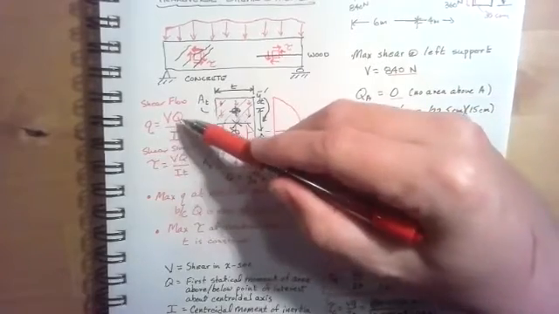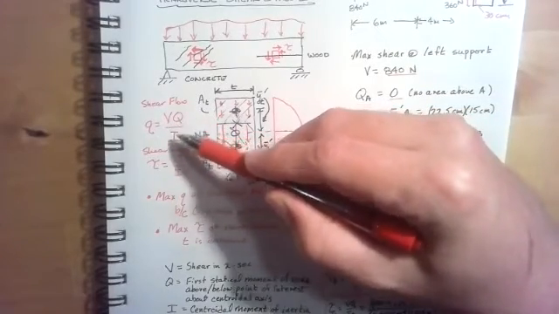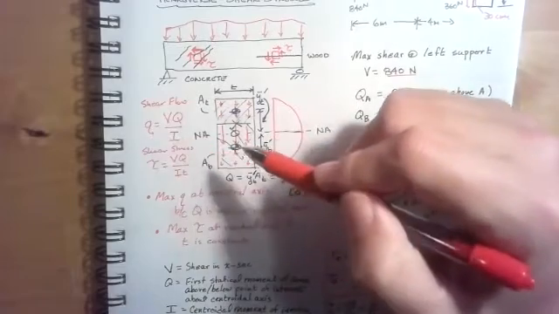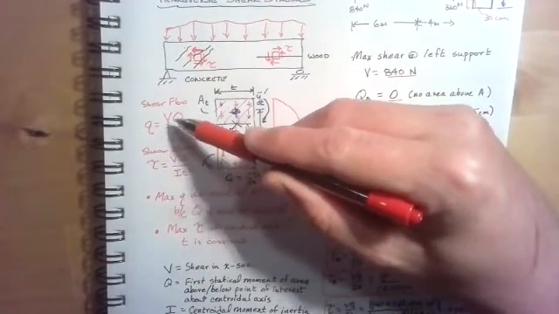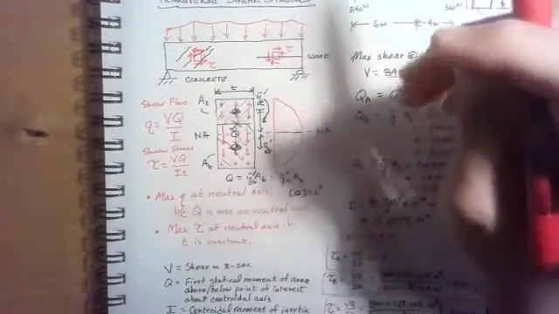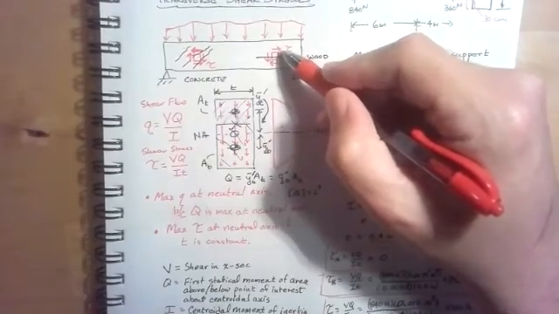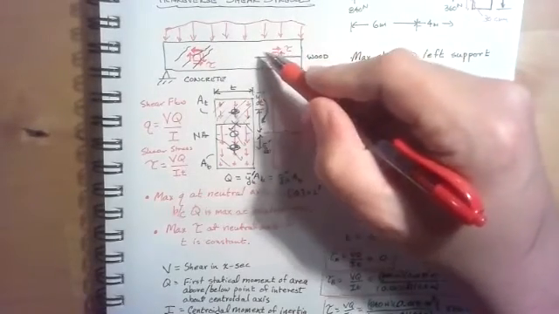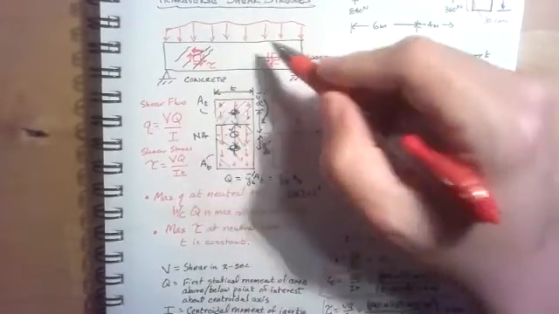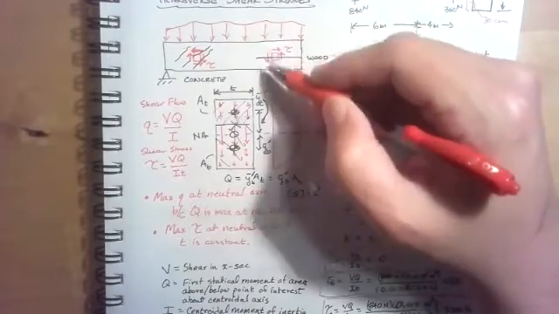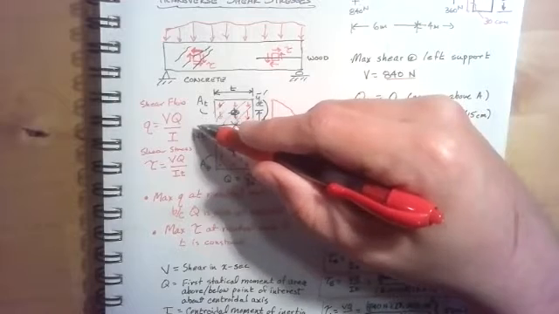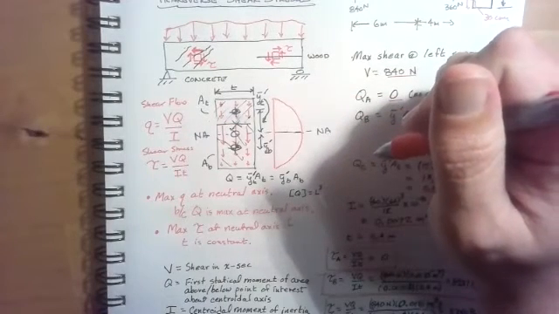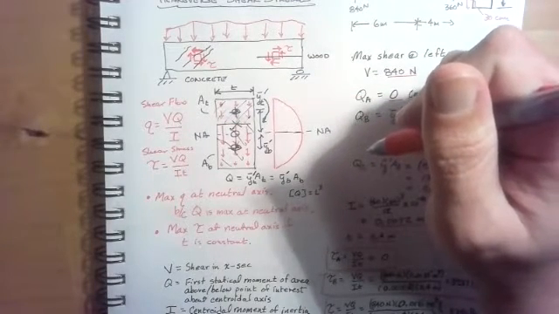Now, our book will define a topic called shear flow, and that's called lowercase q. And that's given to us by a formula that says lowercase q is equal to VQ over I. Now, if I was taking a look at a length of beam and I was to integrate the amount of shear stress that I had over a certain run of this beam, if I did that with respect to length, I would have a force.